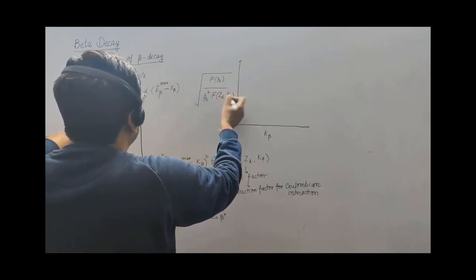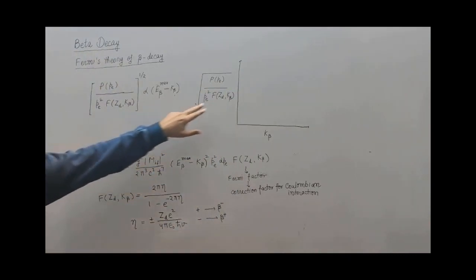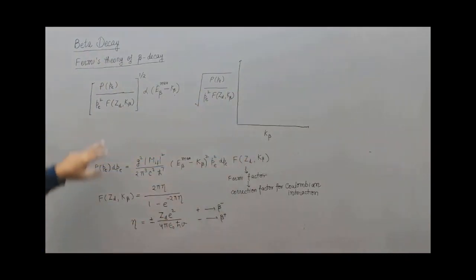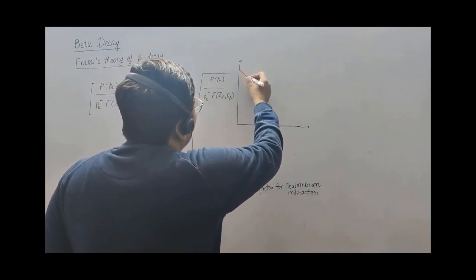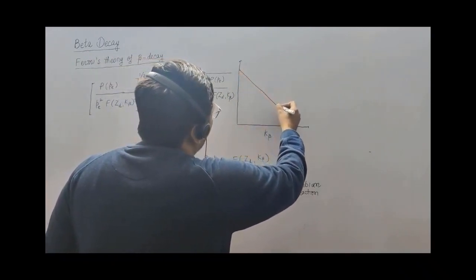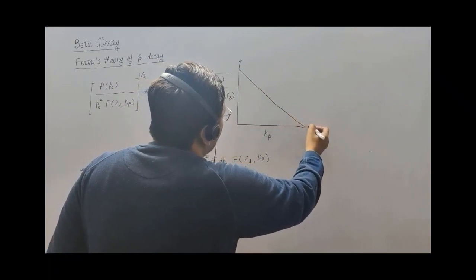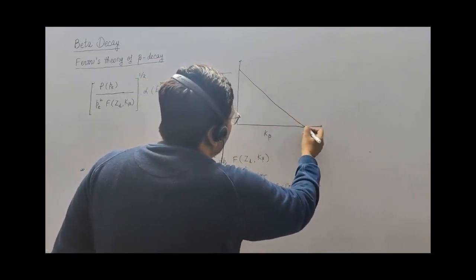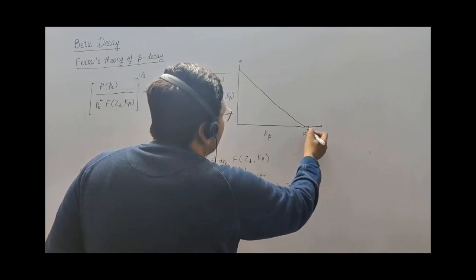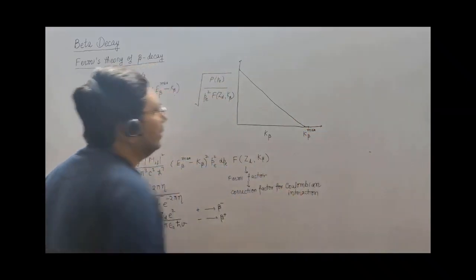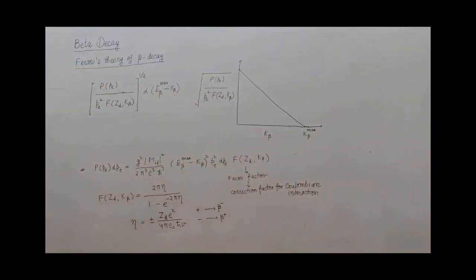If you plot this function as a function of K beta, according to this proportionality, you are going to find a straight line like this. Here this point corresponds to K beta maximum. This is known as the end point energy. We have plotted this graph.